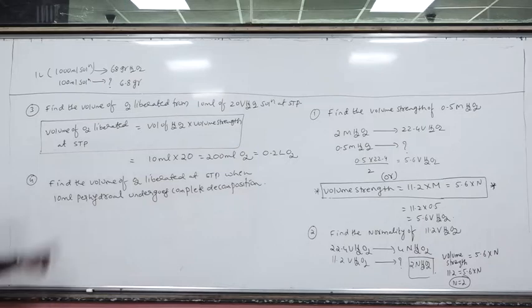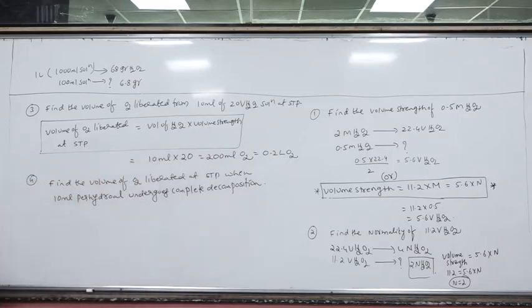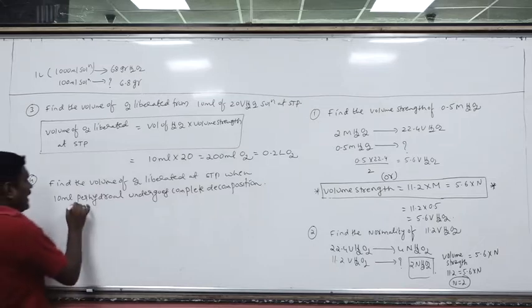Now, volume of H2O2 is given. Volume strength of H2O2 is not given, but the hint is given to you: perhydrol.